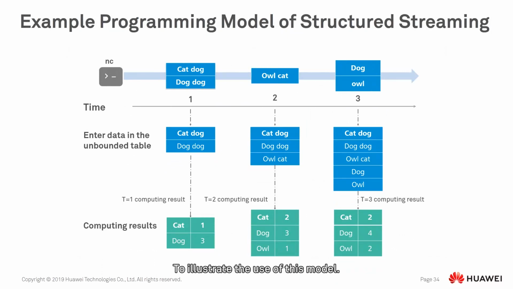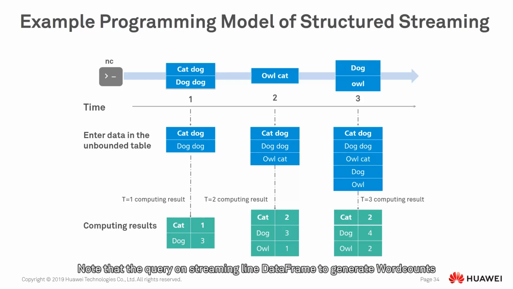To illustrate the use of this model, let's understand the model in the context of the word count example here. The first line's data frame is the input table, and the final word count's data frame is the result table. Note that the query on the streaming line's data frame to generate word counts is exactly the same as it would be for a static data frame.